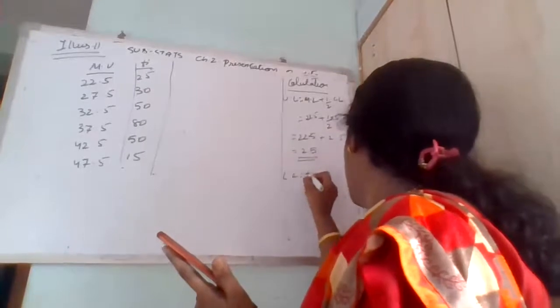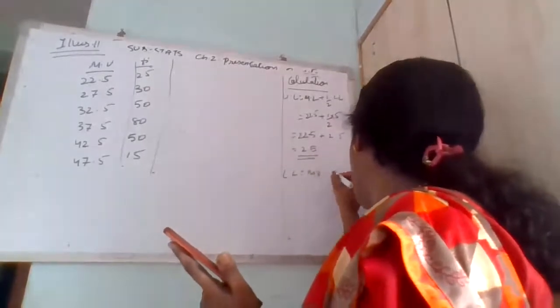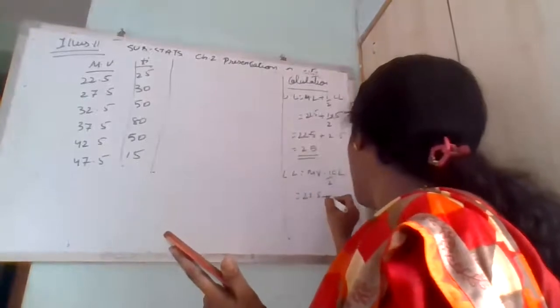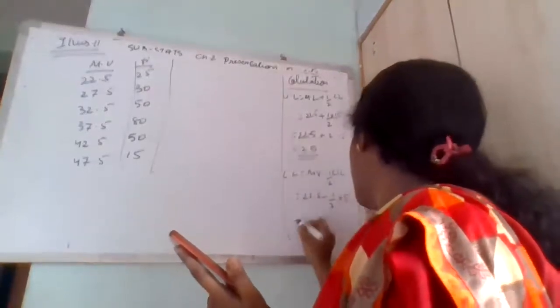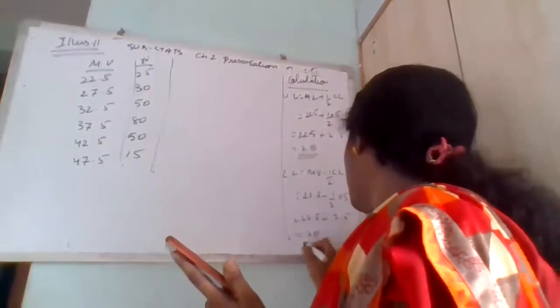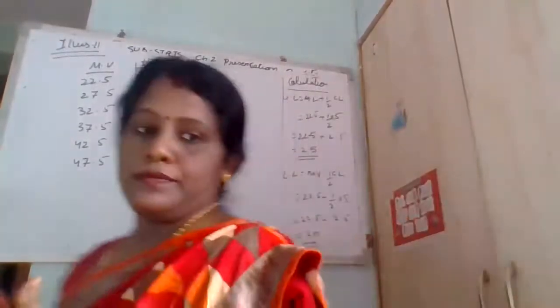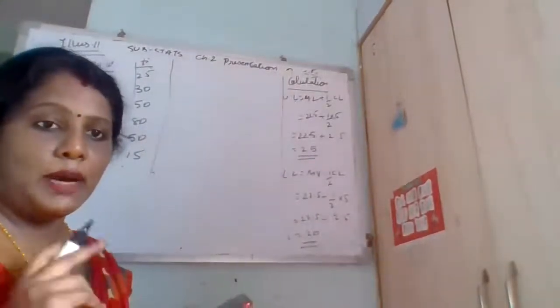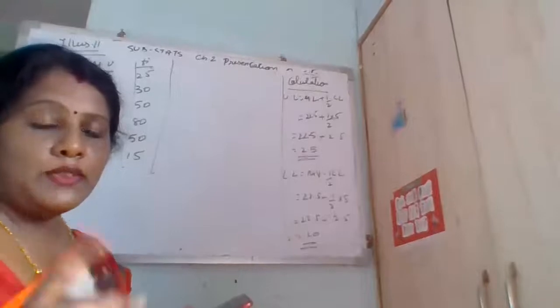Now lower limit: mid value minus half into class length. 22.5 minus half into 5. So 22.5 minus 2.5, that comes to 20. Okay. So our lower limit is 20 and the upper limit is 25.